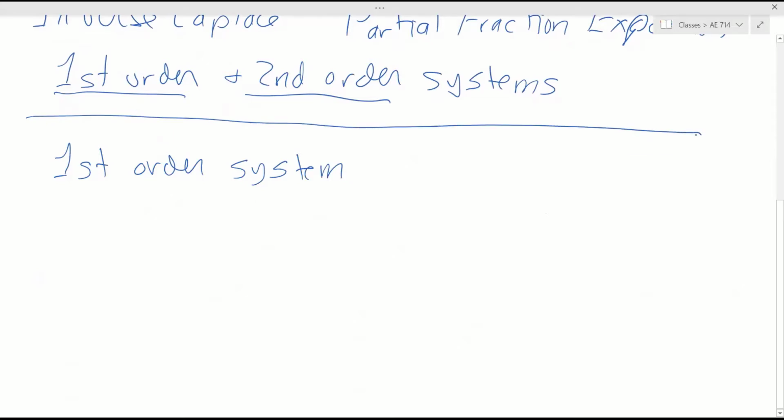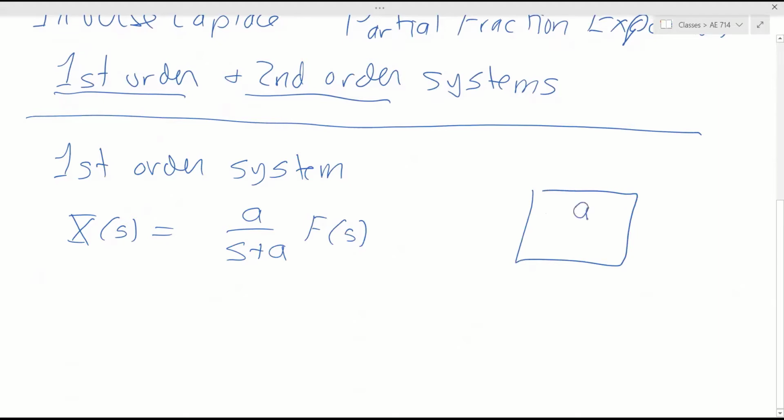So a first order system in the Laplace domain looks like this, where if you do it as a block diagram, F is the input and X is the output.